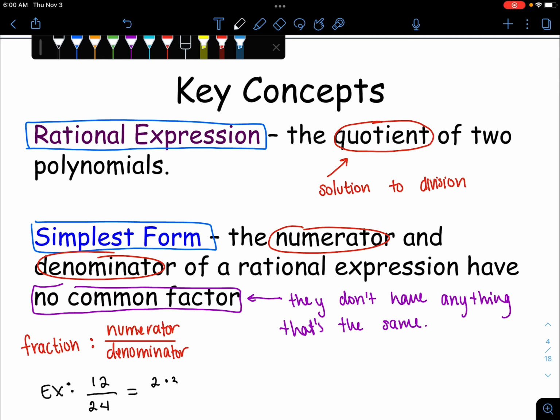So 2 times 3 times, let's try again. Let's do 2 times 2, which is 4, times 3. It's called prime factorization. And then for 24, it would be 2 times 2 times 2 times 3.